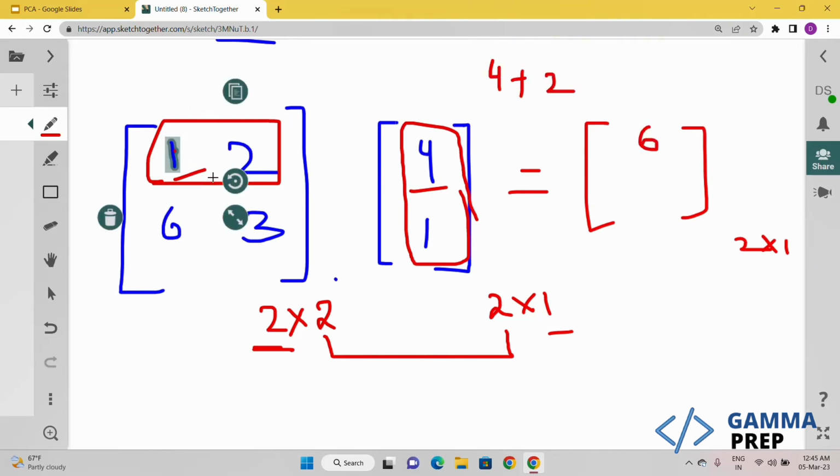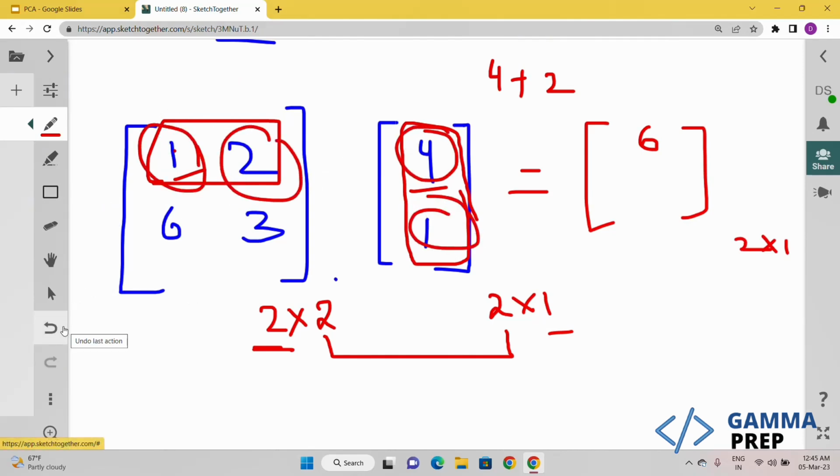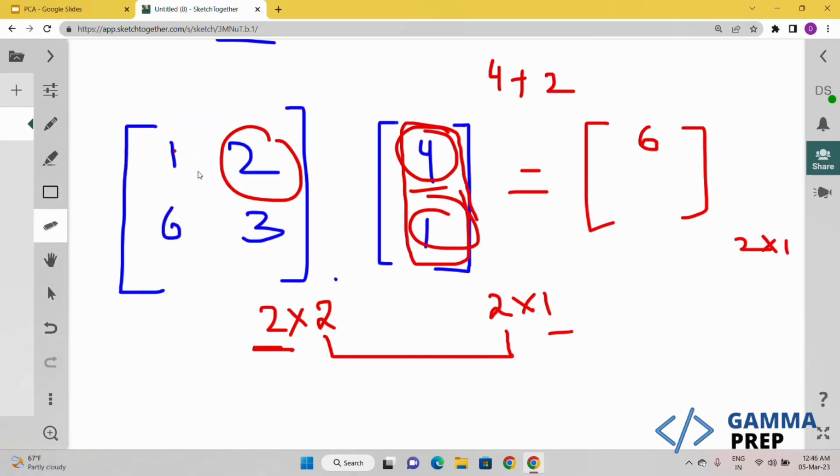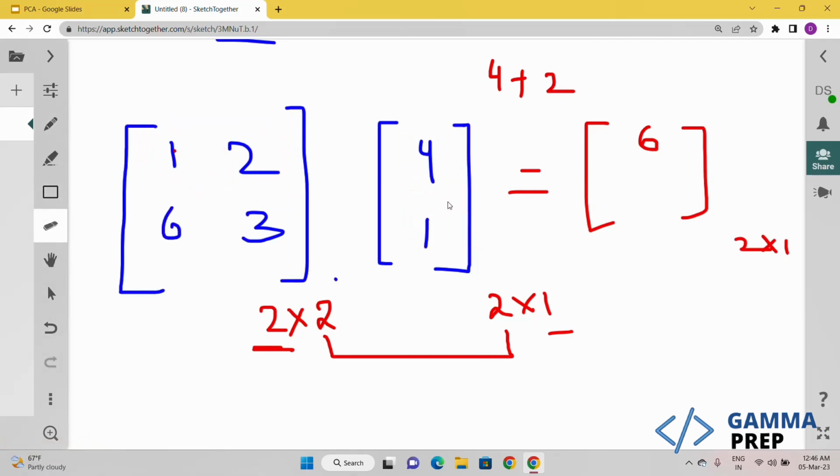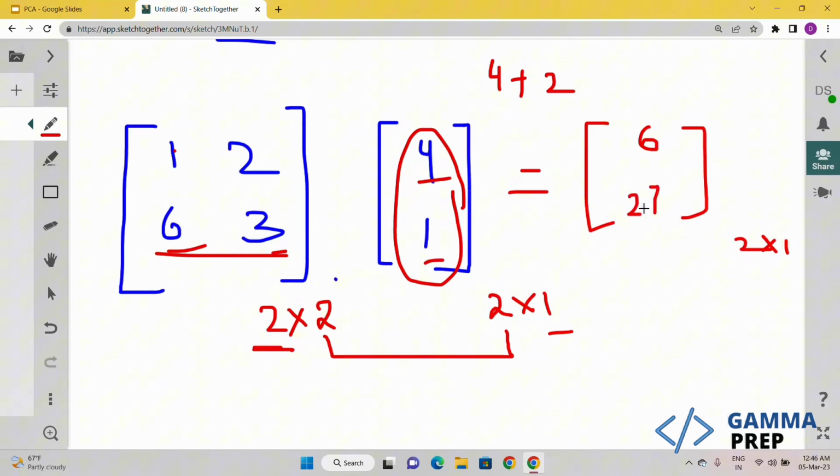You take the first row and the first column and multiply the corresponding elements. For the second element, you take the second row and the only column, the first column. So 6 into 4 is 24, plus 3 into 1, which is 3. So 24 plus 3 is 27. This is how you get the matrix multiplication.